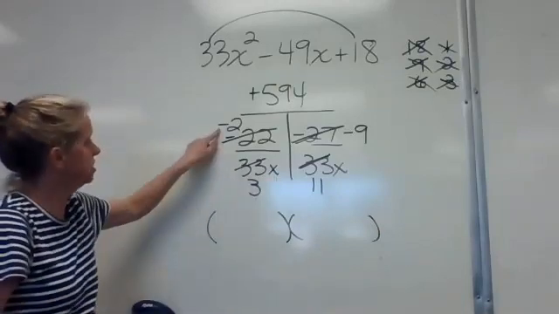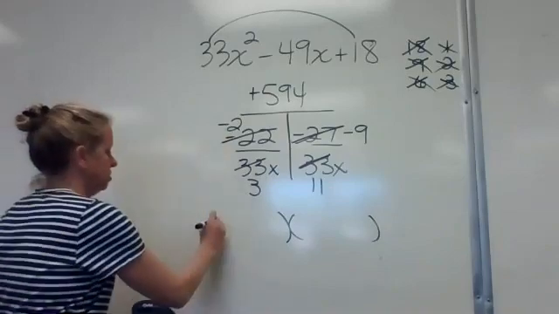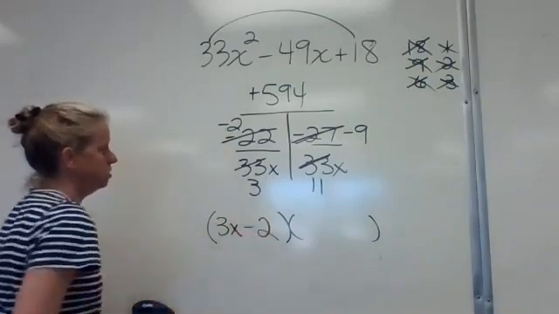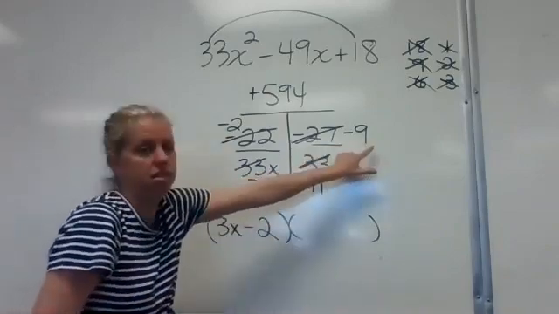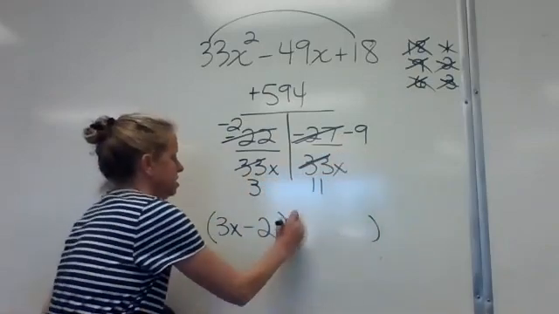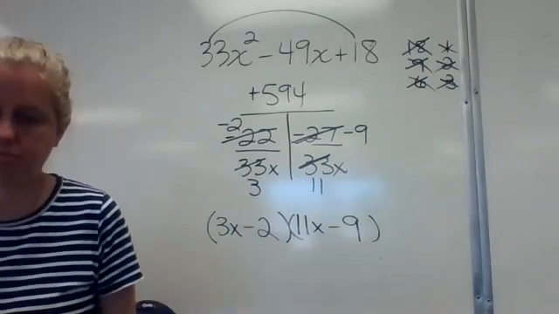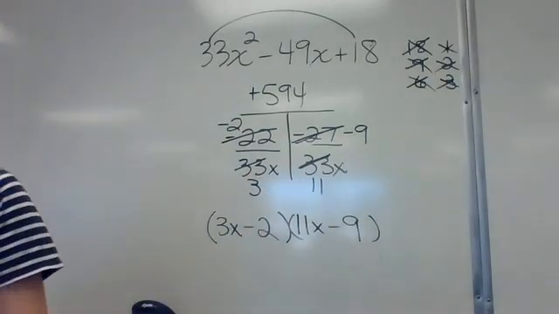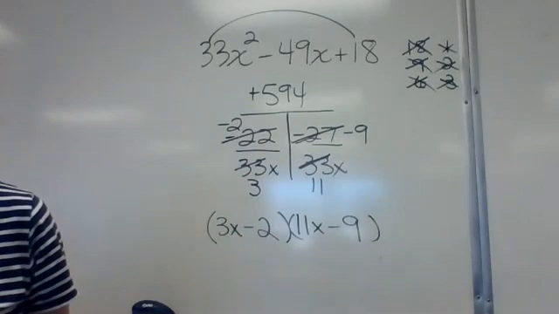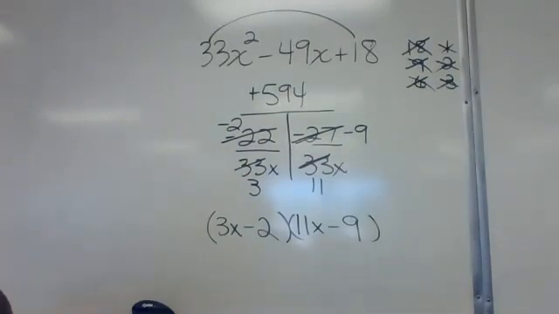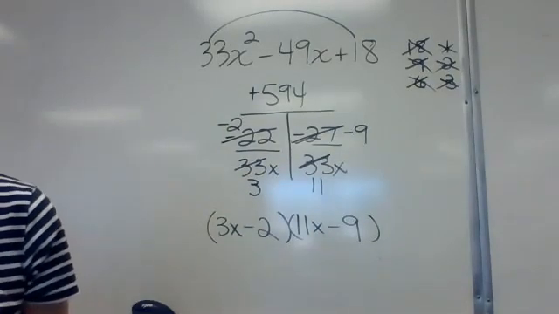So 3x minus 2, 11x minus 9 are your factors. Right, number 8.